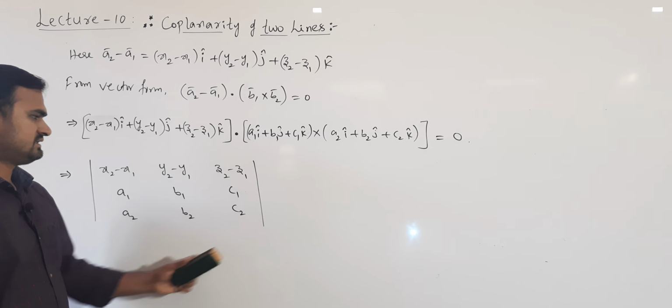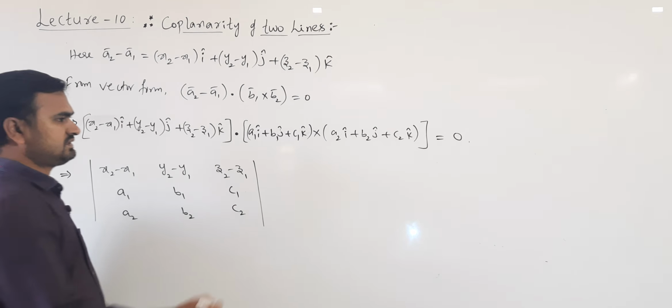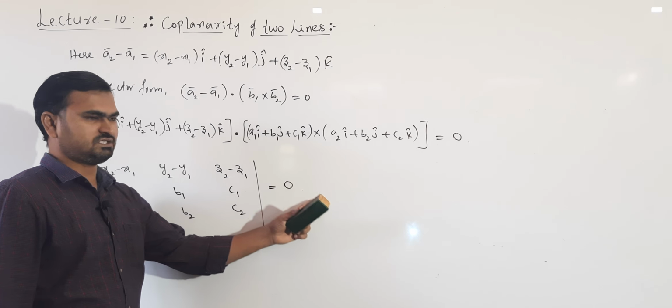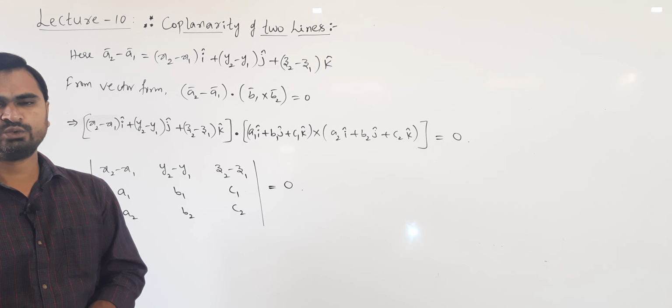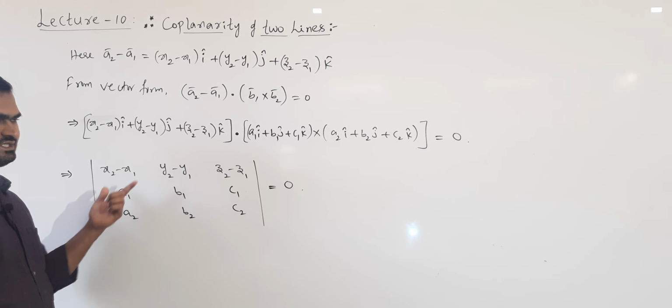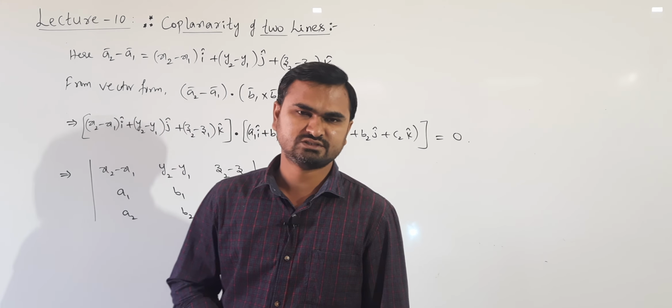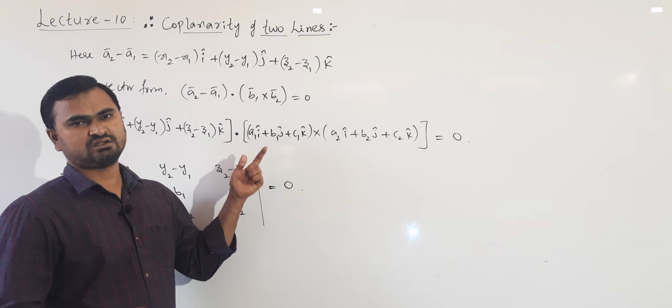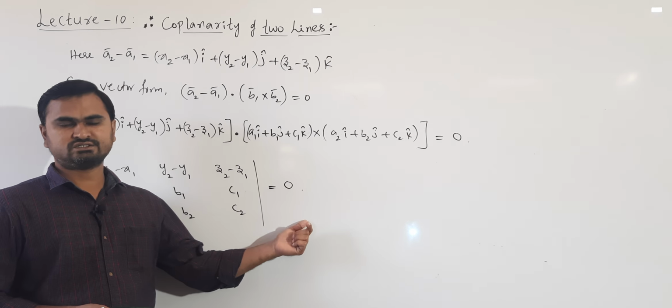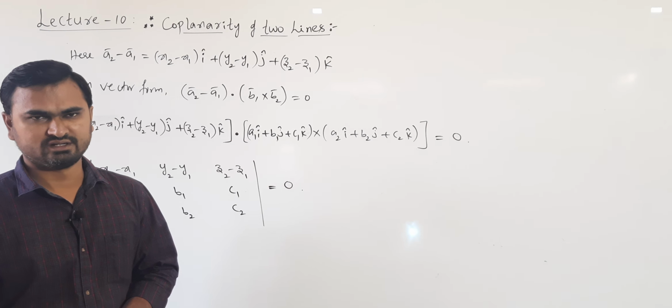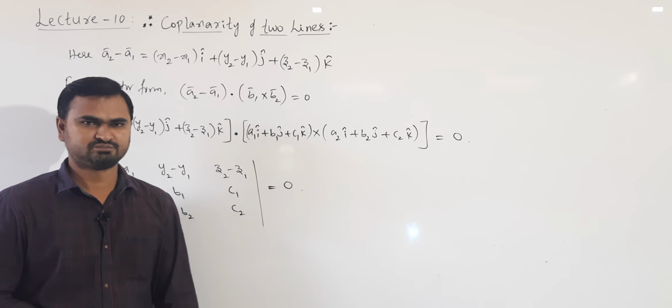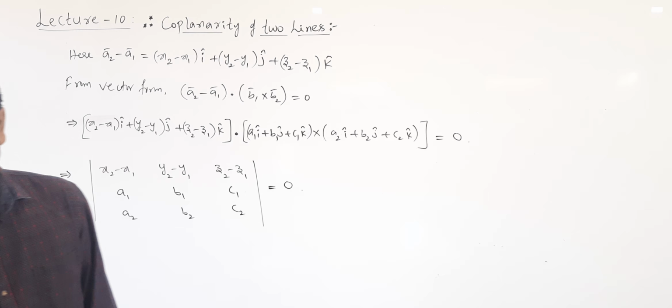So this is a scalar triple product, and you have to equate it to 0. By solving this, if the determinant value is 0, then only we can say that the two lines are coplanar. Understand? This is the condition in Cartesian form. In vector form, what is the condition? A2 minus A1 dot B1 cross B2 is equal to 0, then we can say that the lines are coplanar. If it is not equal to 0, then the lines are not coplanar, they are not lying in the same plane. So the derivation will be important.